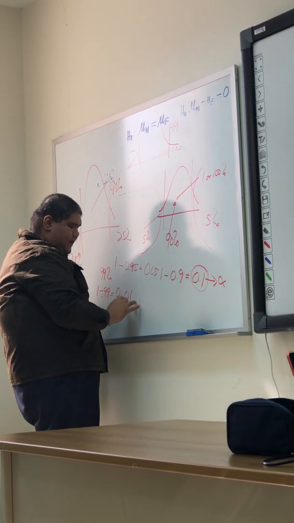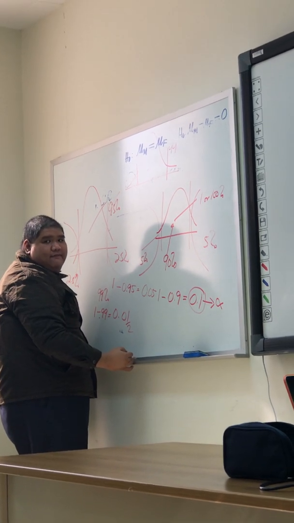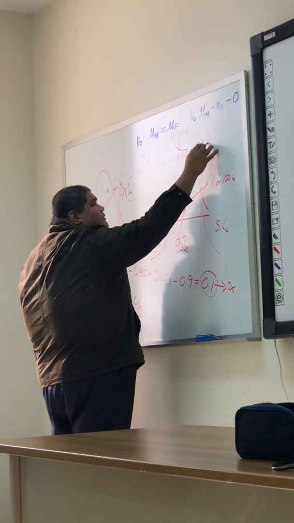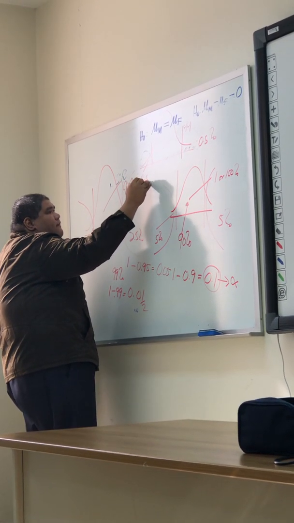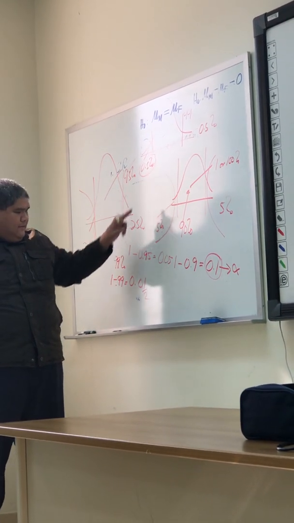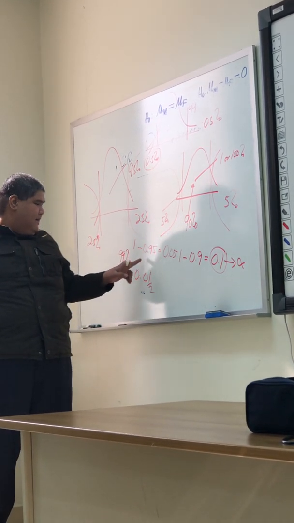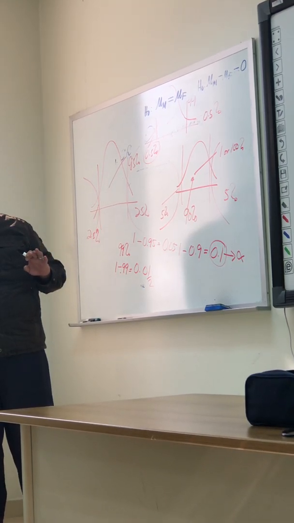So therefore, I will divide this by 2. 1% divided by 2, that will be 0.5%, and this is 0.5%. Take note, huh? Percent, decimal. So don't be confused with decimals and percents.